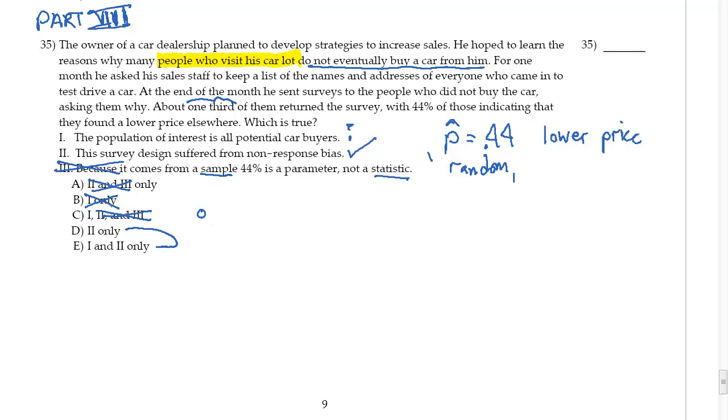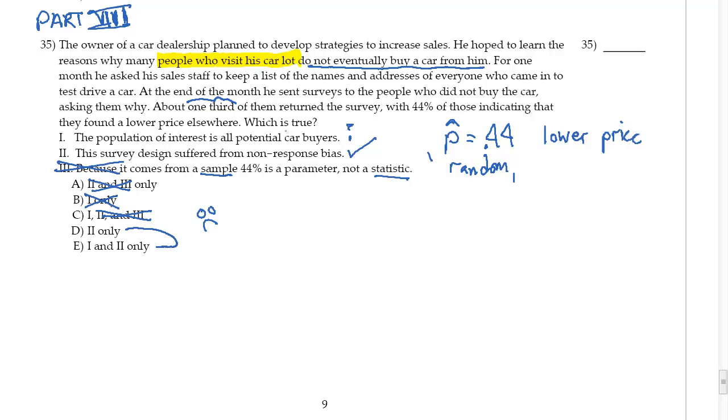And so this makes me a little sad because as I read this, I was thinking people who visited his car lot. Okay? Now, they are all potential car buyers. And he would like to have all potential car buyers at his lot, but he probably can't do that. So he can only contact the sample who actually visit him.